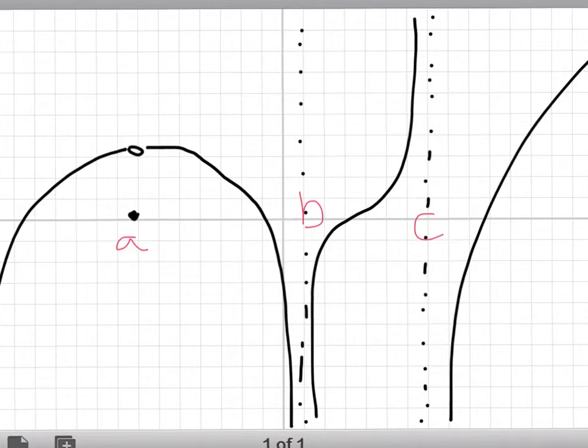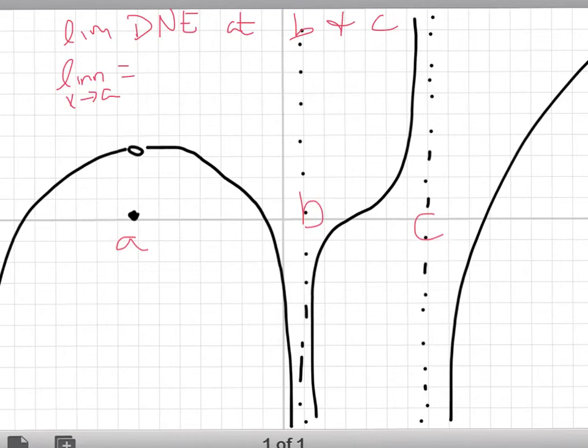Now we can basically say that the limit does not exist at b and c, because you can see these are both going to unbounds, and these are going in opposite directions. So the limit does not exist. But the limit as x approaches a, we could say is about 3.5.